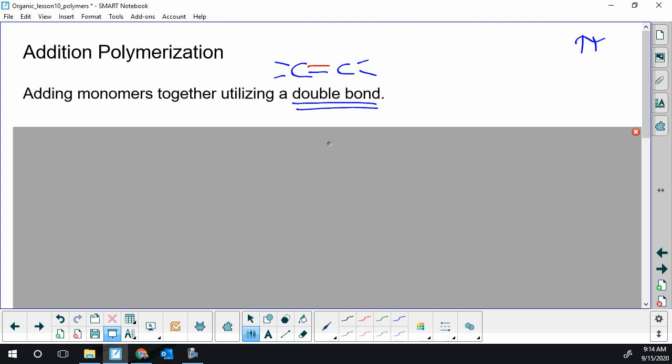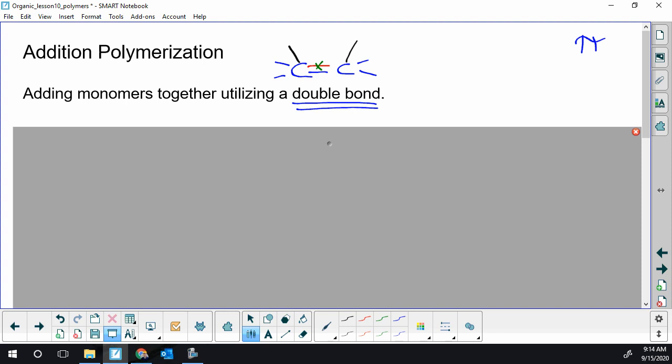So what we're going to see happen all the time in addition chemistry is that pi bond, that second bond, break. When it breaks, it frees up a connection on each side. And we're just not going to add a little molecule or atom like Br or Cl like we did before. We're going to connect another one of these monomers to each end.